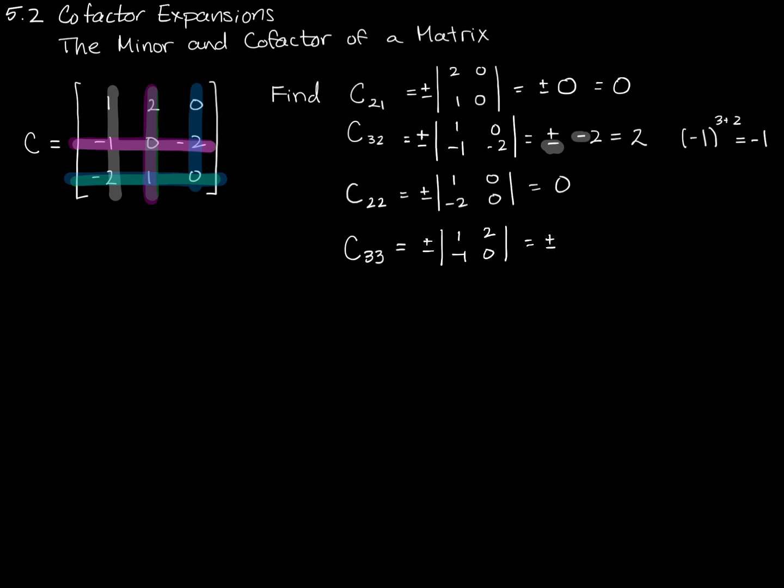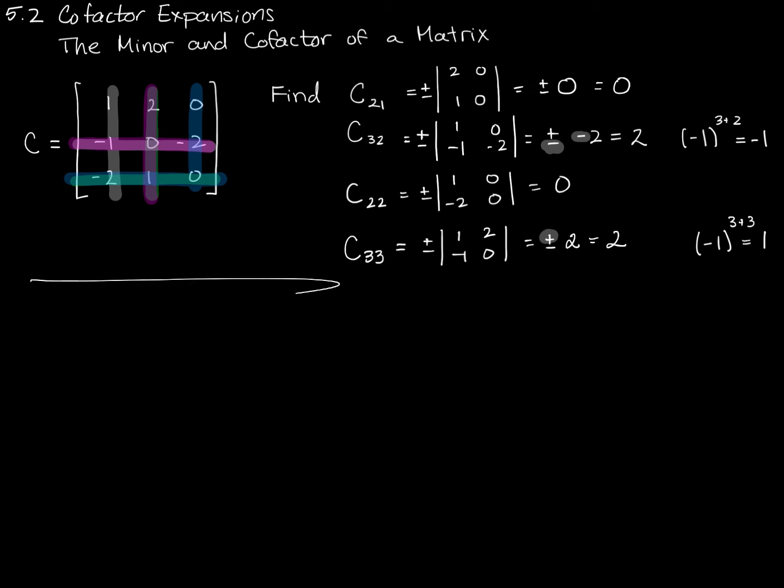And we get 1 times 0, which is 0, minus 2 times -1, which is -2. So I get 0 minus -2, or 2. Off to the side, I'm going to say the sign is determined by the sum of 3 and 3. And that's 6. And -1 to the 6th power is +1. So in this case, I'm going to take the positive sign for my cofactor.